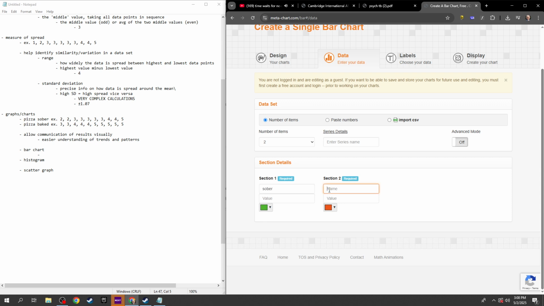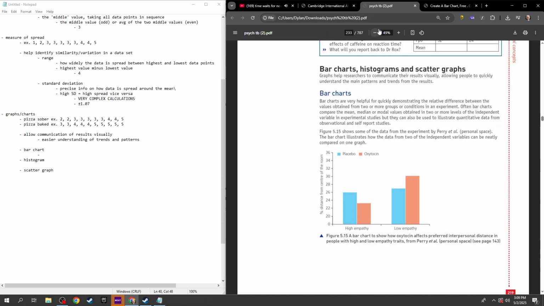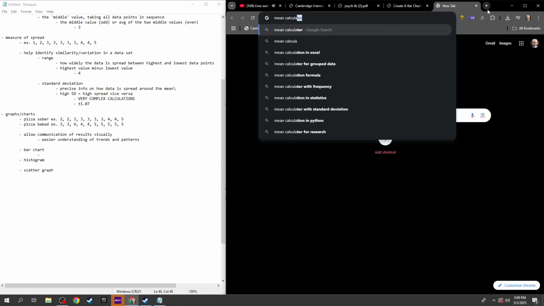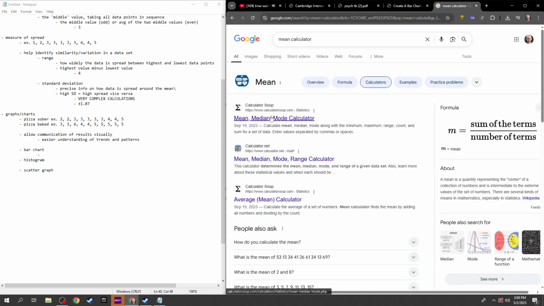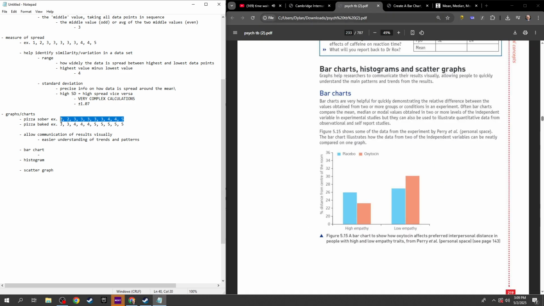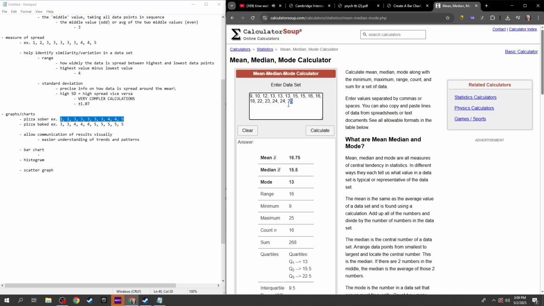Sober versus baked. Value. The value, let's put these into a mean calculator. The mean is 3.2.